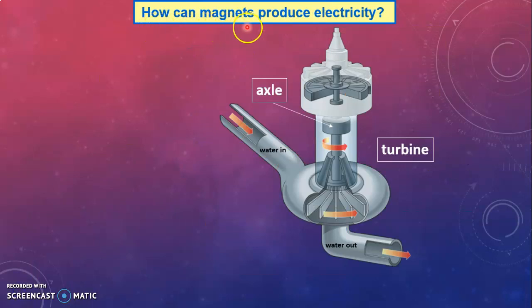How can magnets produce electricity? ¿Cómo los magnetos pueden producir electricidad? Okay, so let's use your imagination one more time. Question for you. What will happen if you turn the axle of an electric motor by hand?